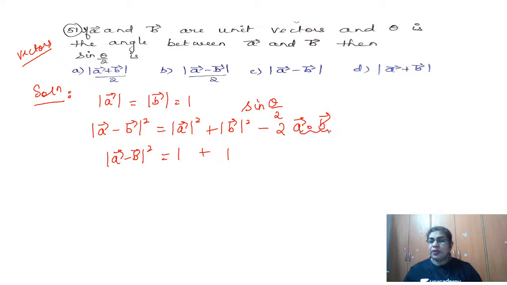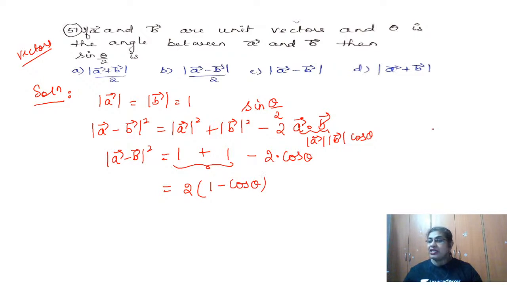What is A dot B? A dot B is AB cos theta. Minus 2, and since A and B are 1, you get cos theta. 1 plus 1 is 2, so take 2 common and you get 1 minus cos theta.